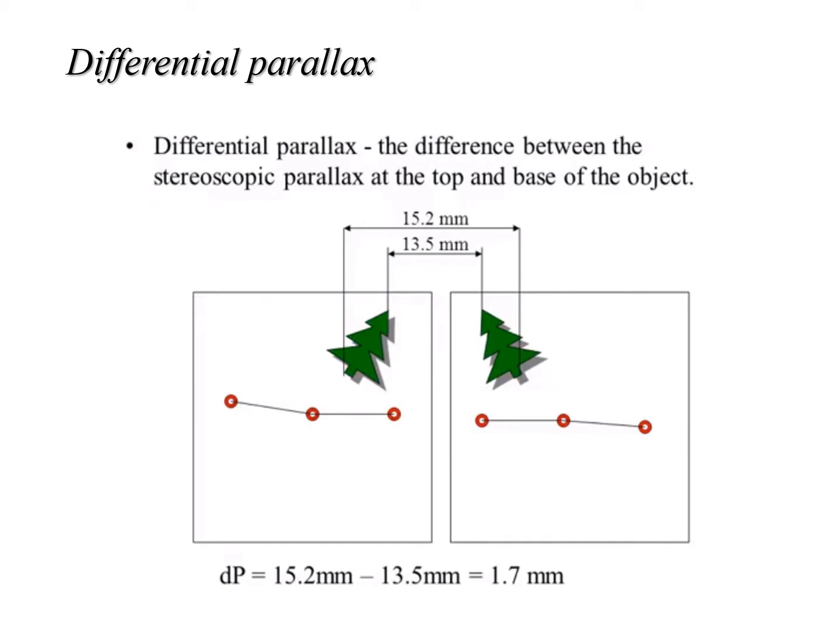Now what is the differential parallax? To understand it more clearly, let us say one object, that could be any structure. Most of the times when the photographs are taken, the base and the top of that will be easily identified. So let us say this is the base or bottom of the object and this is the top of the object in the first photograph.